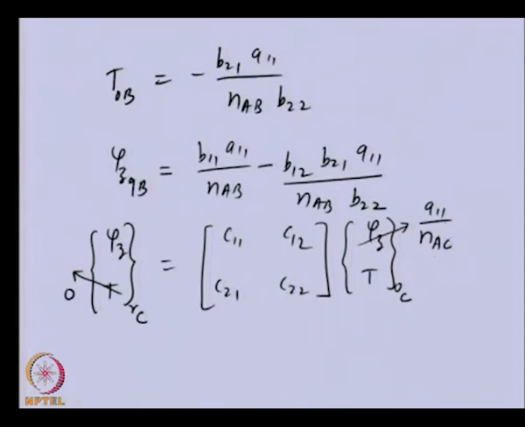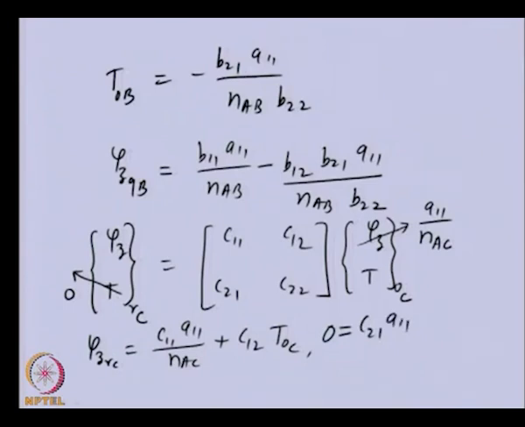Now you can see that we can again express these expressions. Phi z or C is equal to C11 A11 by NAC plus C12 T naught C. This is the first equation. The second equation will be 0 is equal to C21 A11 by NAC plus C22 T naught C. So these are the two equations.